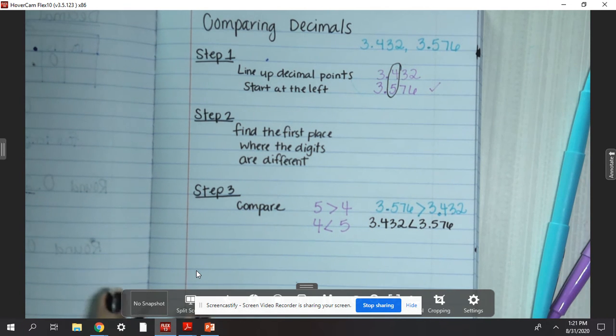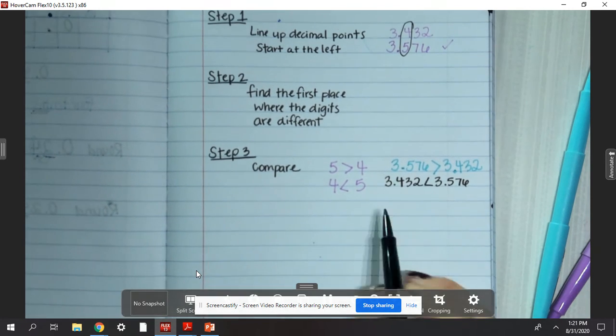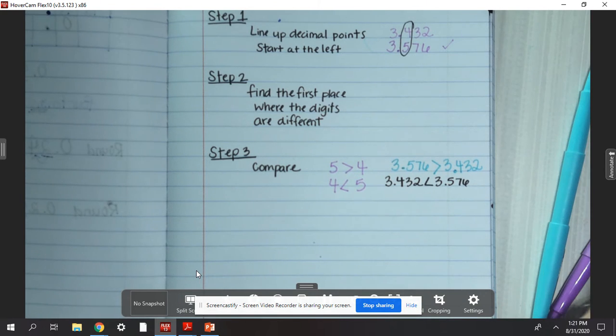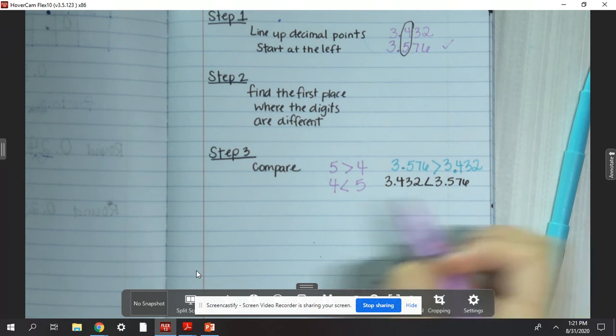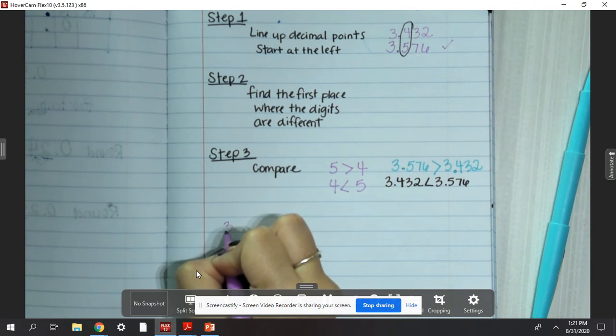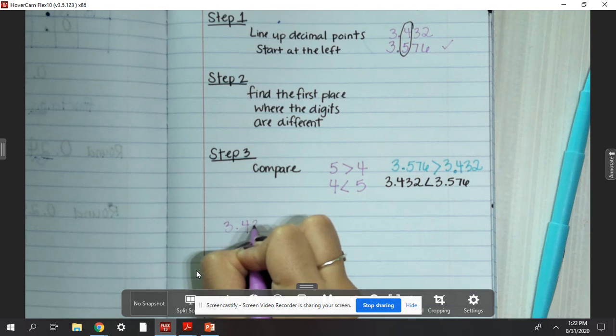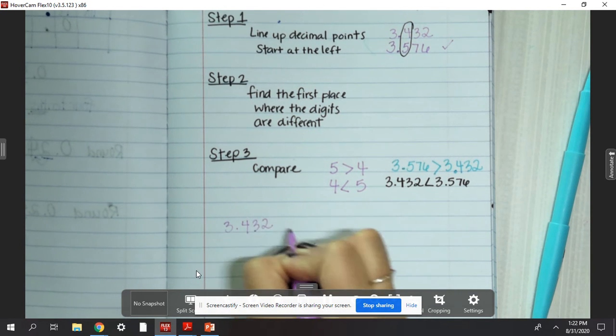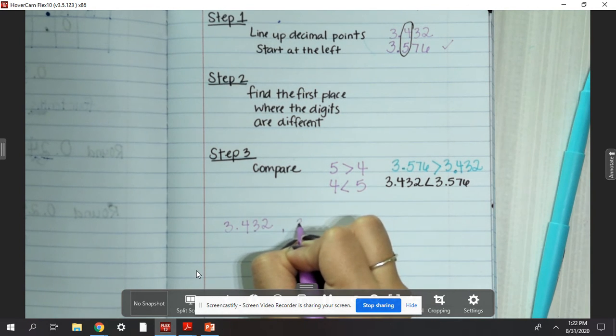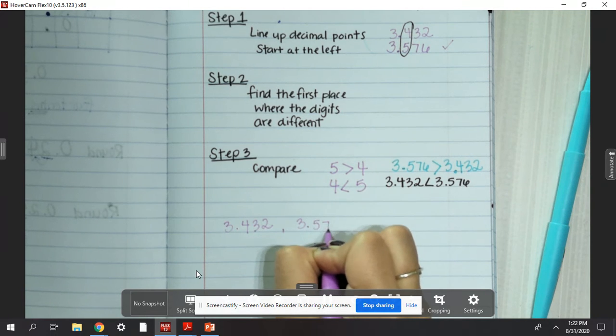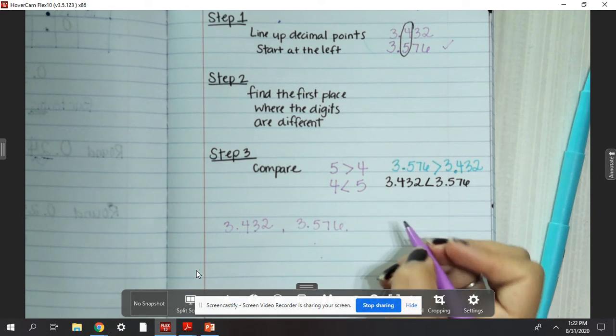Okay. So now that you know how to compare these decimals, let's see if we can put some in order from least to greatest. I'm going to use these same numbers. And we'll add a different number here.